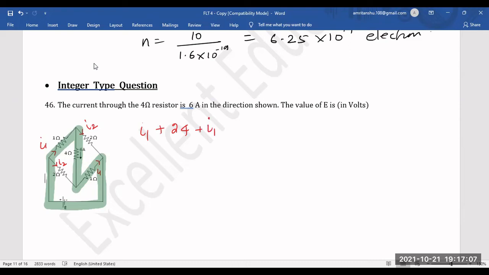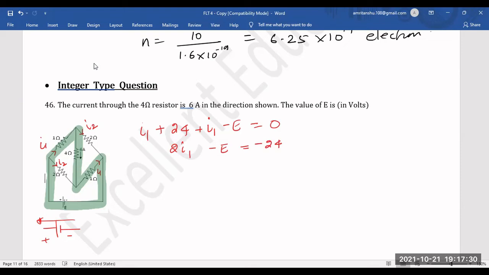This is I1 current, and because we are moving like this, it will be minus. You can see we are moving like this. This is minus, this is plus. So this is equal to 0. So it will be 2I1 minus E is equal to minus 24.